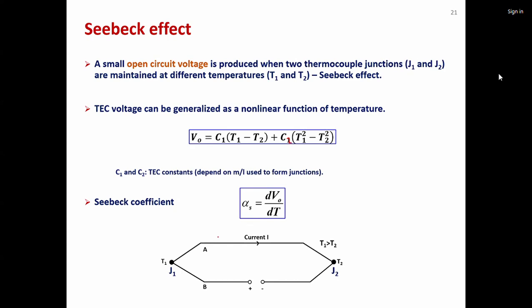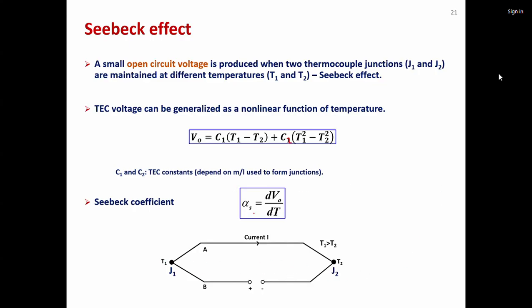So you can define what is called the Seebeck coefficient. The Seebeck coefficient basically represents, if you have a 1 degree difference of temperature between the hot and cold junction, the corresponding EMF that is generated. In other words, it is basically the rate of change of the output voltage with the rate of change of temperature difference between the hot junction and cold junction.